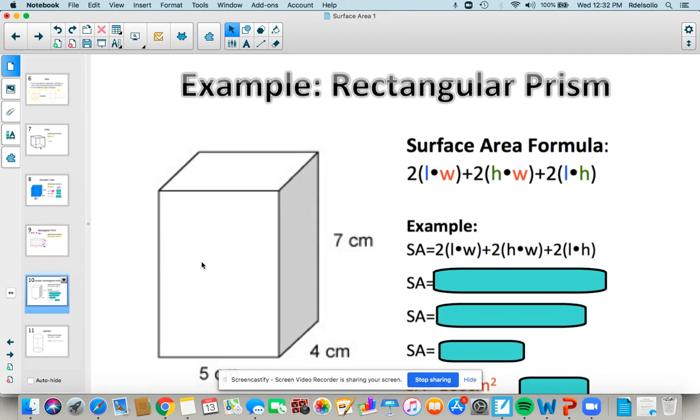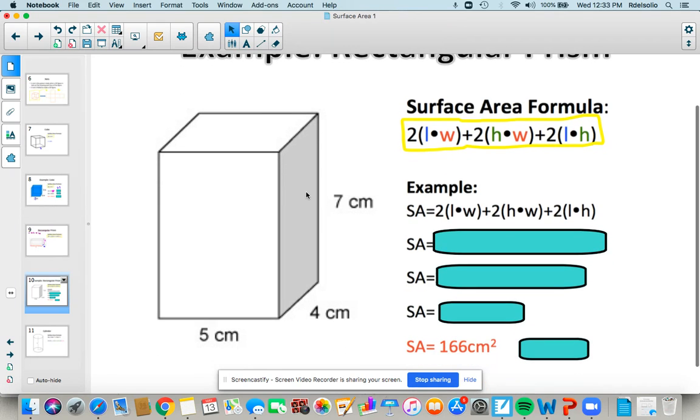Here's an example. Let's find the surface area of the rectangular prism. We're going to use the formula 2 times length times width plus 2 times height times width plus 2 times length times height. Let's start off by labeling our rectangular prism.